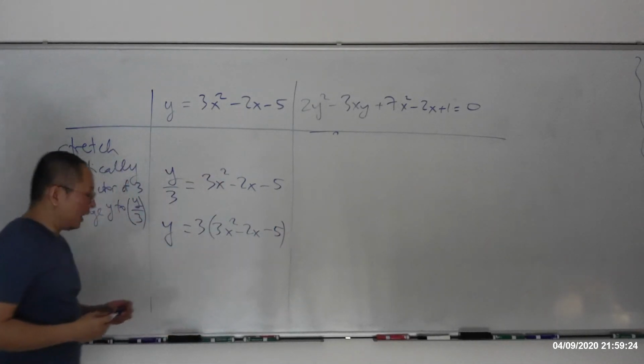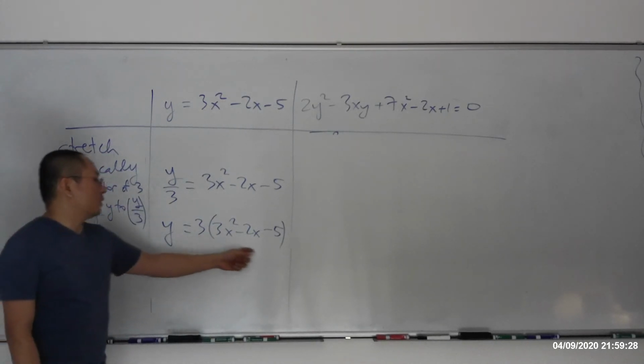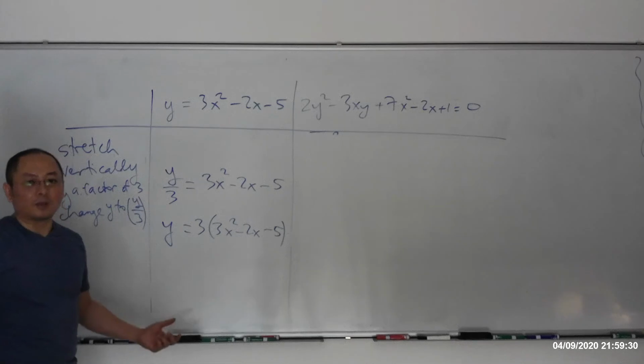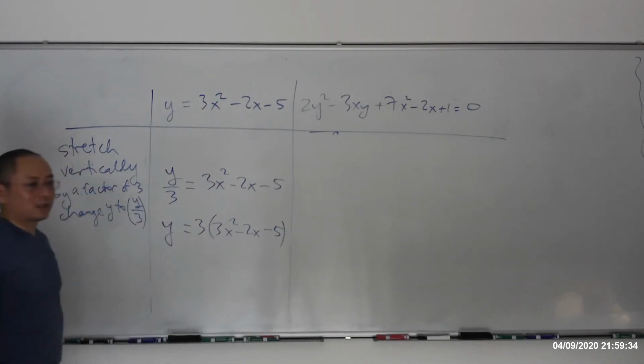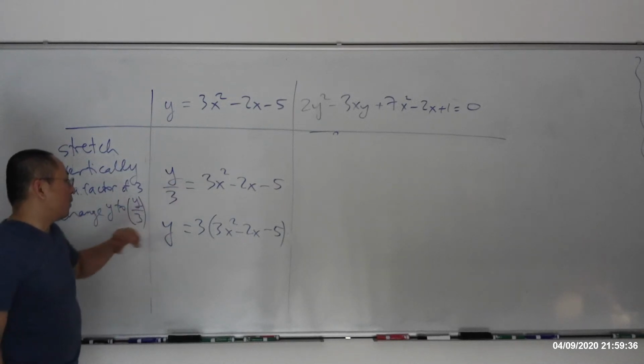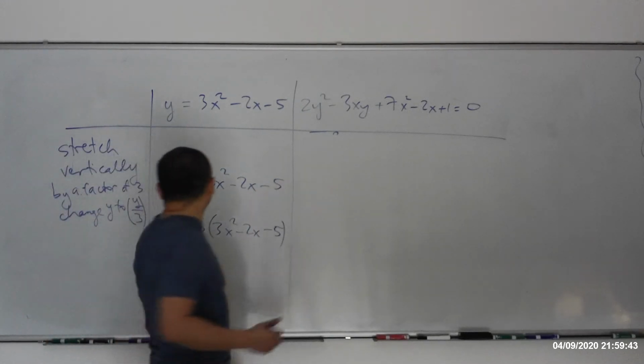And as our textbook says, you want to stretch the graph a factor of 3, you multiply the entire quadratic function by 3. There's nothing wrong with that. It's right. I want you to go one step prior to this step so you see really what it is before you get to here. Okay? And the same thing in there.